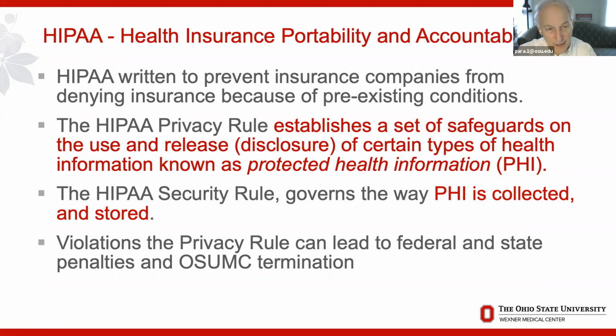The second part is the security rule, and that governs the way in which PHI is collected and stored. So there's a lot of IT information there on where it goes and how safely it has to be maintained. And because it's a law, violations of either of these rules can lead to federal and state penalties. And if you work at OSU, you can lose your job because of it.